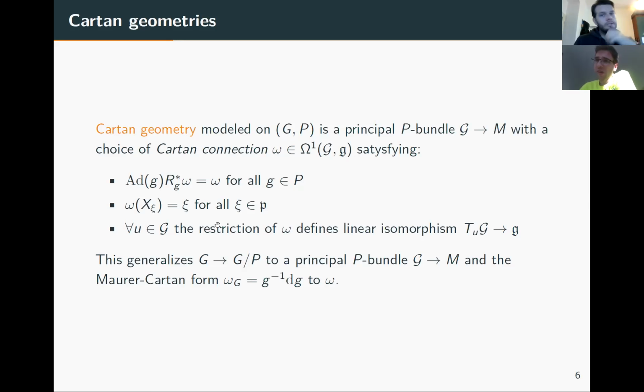These conditions might seem weird at first, but what they are really saying is that you just look at this homogeneous case, G over G mod P, and there, on any Lie group, there is a left invariant form called the Maurer-Cartan form. For matrix Lie groups, it can be given by the following expression. There is a general definition for any Lie group just using left translations.